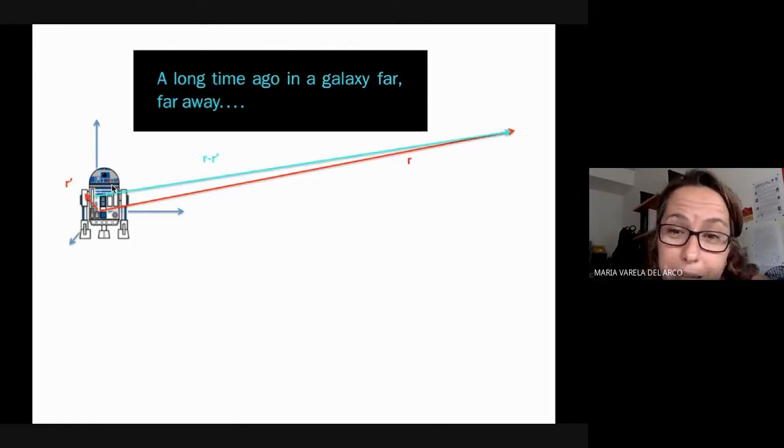So in this particular case, what basically happens is that if I want to calculate the contribution of a little bit of my robot, for example, here, the shoulder, right? Here at R, at my position far away, what I want to consider is this distance between my differential volume, the shoulder of my robot, right there.